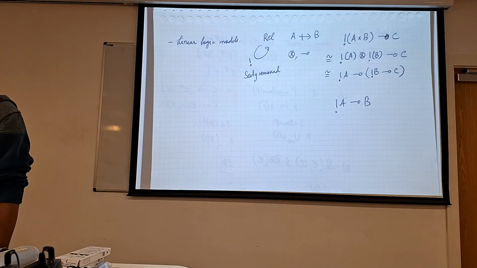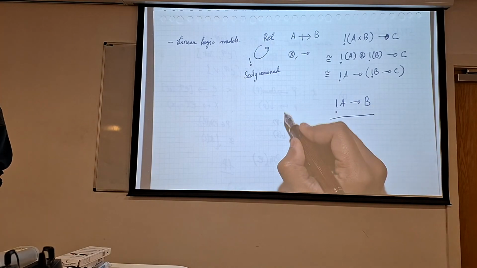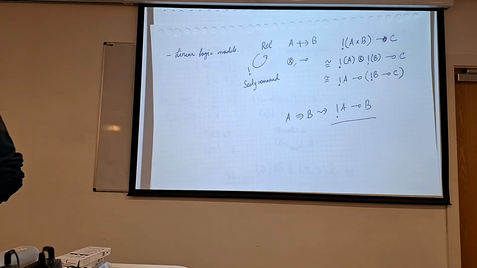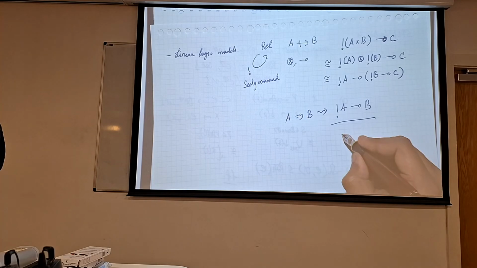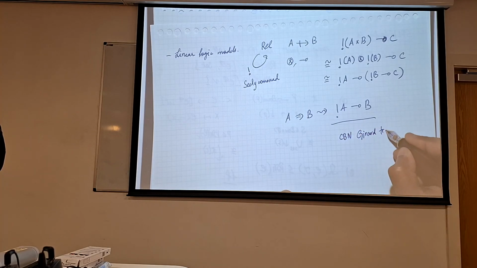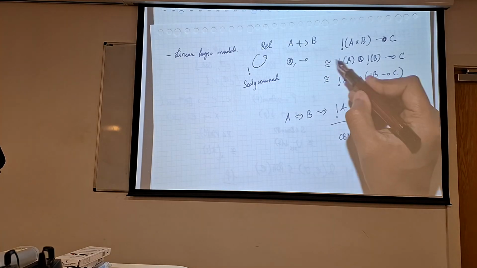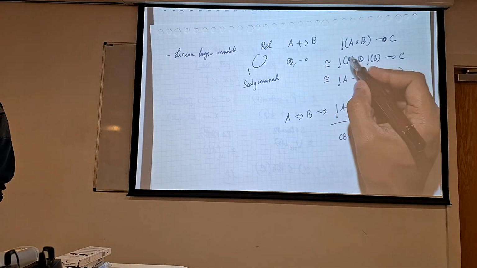So if you give me a model of linear logic, you can encode intuitionistic things into linear logic, and this is the call-by-name Girard translation, which is very well known. Although it's done at the level of syntax, at the level of semantics, it's a matter of having this isomorphism called the Seely isomorphism.